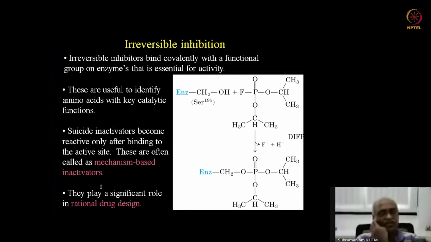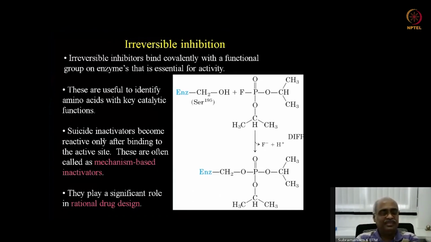And there are some versions of these inhibitors called mechanism-based inactivators. They are also called suicide inactivators, because they become reactive only when they bind to the active site. Remember all that we learned about transition state and induced fit: the enzyme and substrate both undergo conformational changes such that the transition state of the substrate and the induced fit state of the enzyme are the perfect fit.